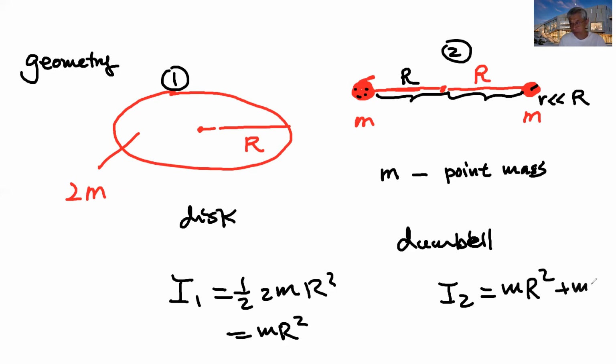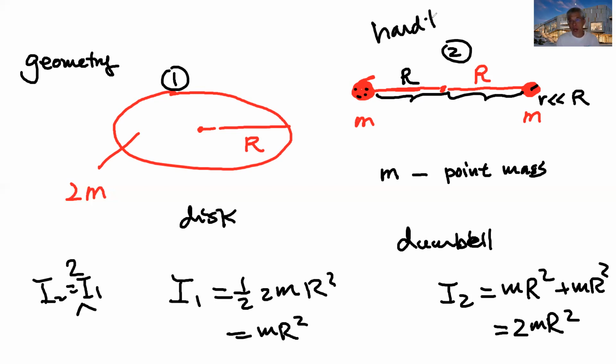So you can see this is 2 times MR squared, right? So this I will be bigger, right? So this I2 is 2 times I1. So this is harder to rotate, okay? This one here is harder to accelerate angularly, right? Angularly.